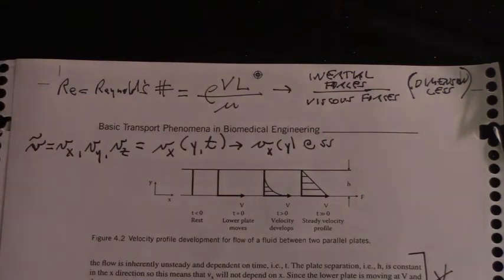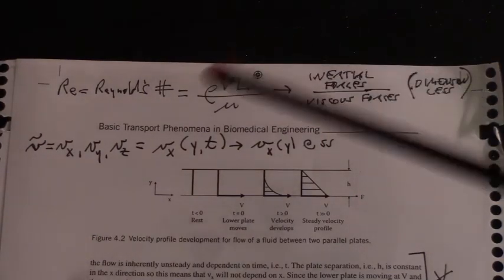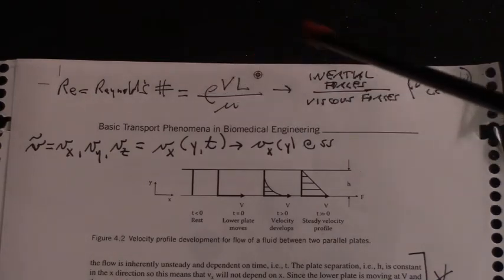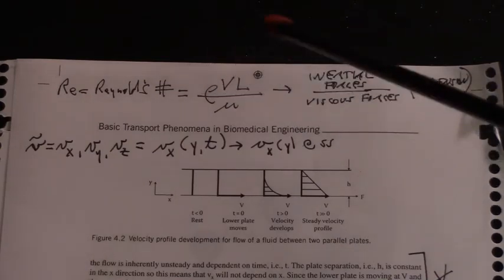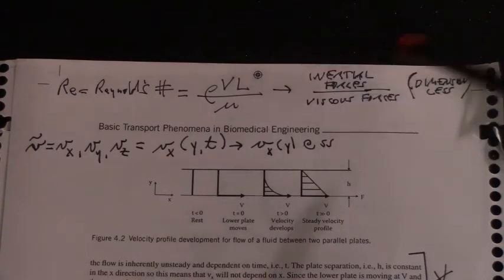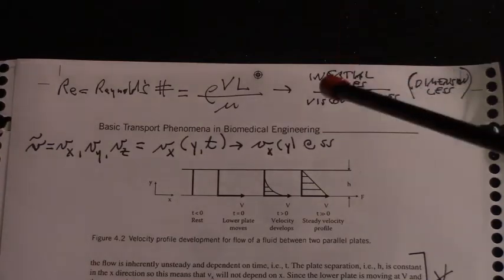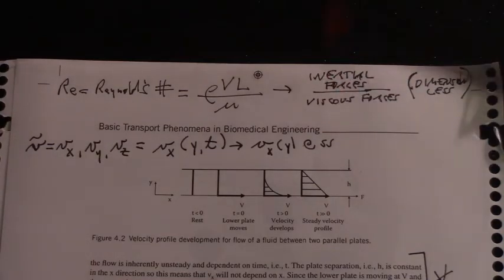On the other hand, if the fluid is moving really, really fast, then the velocity is really high, and you get a situation where the forces acting on the fluid are dominated by inertia. Inertia is the motion of the fluid. The high velocity of the fluid means those forces are much greater than the viscous forces, so the Reynolds number is really high.